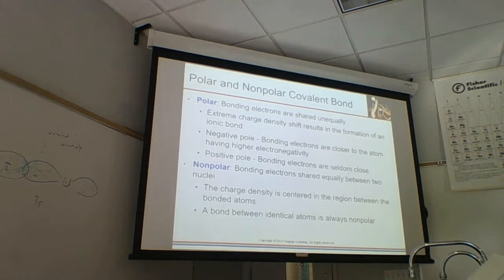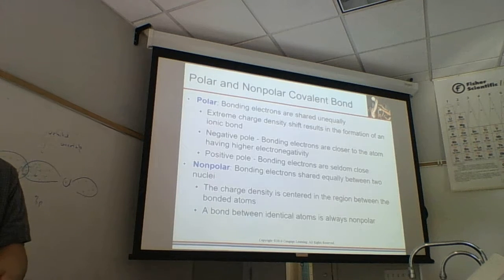And so we have different ways of calling this. This is called a non-polar covalent bond. This is called a polar covalent bond. And this one's called an ionic bond. Ionic bonds are the most polar. Polar means like a dipole, or a dipole would have a north pole and a south pole. We have electric poles as well.